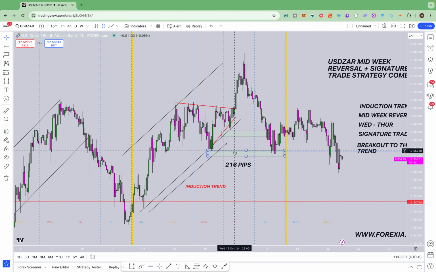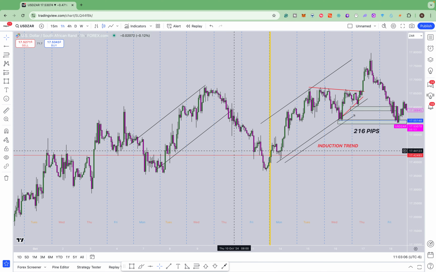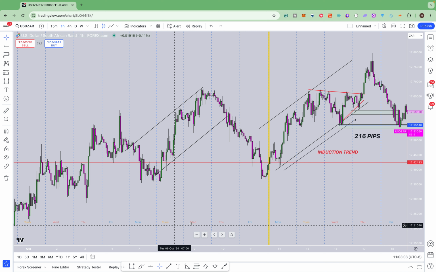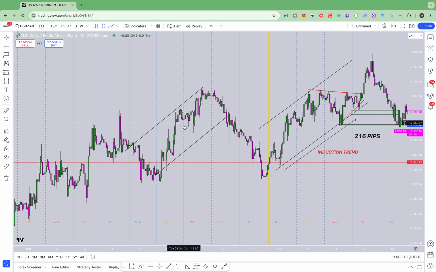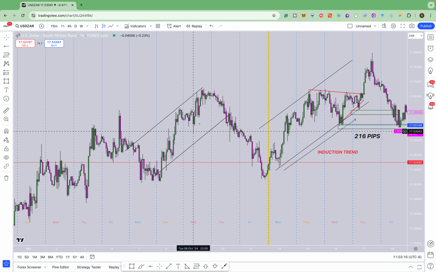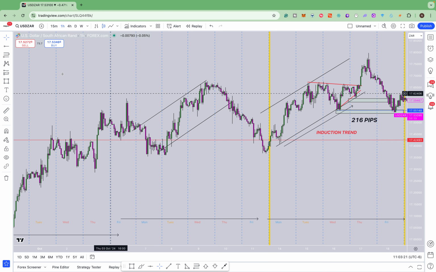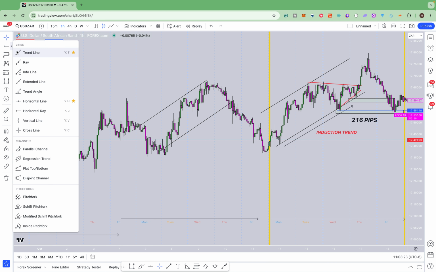All right, on to the next week. Here we have the next week. We have Monday, Tuesday, Wednesday, Thursday, Friday, and we can see once again a very clear, obvious induction trend starting Monday, Tuesday, and coming into Wednesday. But where do we see the signature trade? This is where the adaptability comes in.